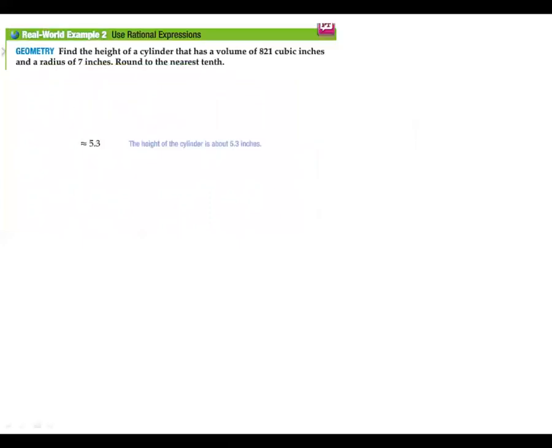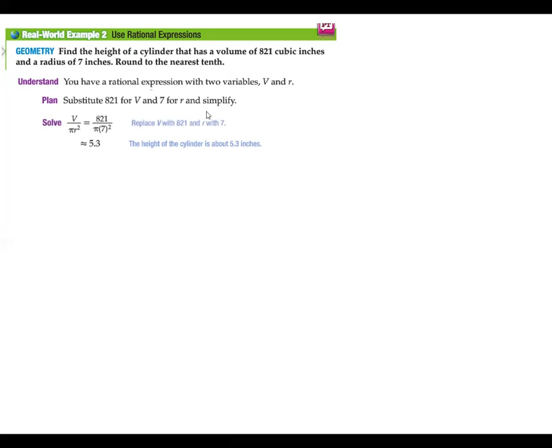So here's a real world example. Find the height of a cylinder that has a volume of 821 cubic inches and a radius of 7 inches. Round to the nearest tenth. So you have a rational expression with two variables, V and r. Substitute 821 for V and 7 for r and simplify.